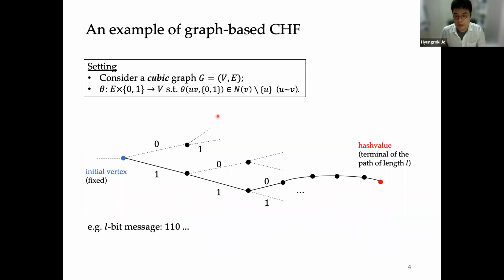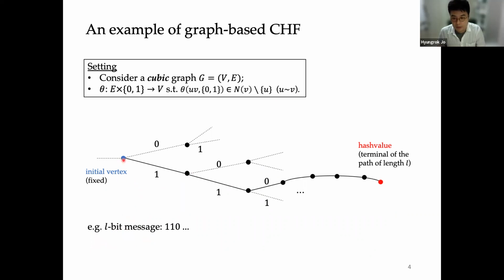We hope to construct a hash function from a graph, whose security mostly relies on the hardness of finding a path assigned from the given message. For example, we consider a cubic graph, which is a 3-regular graph. Each vertex has 3 labels, and we assume that we take a message of L bits, and we also fix the initial vertex.